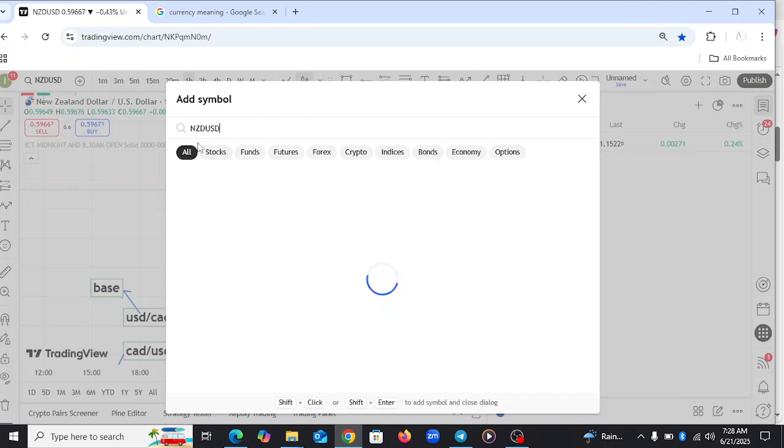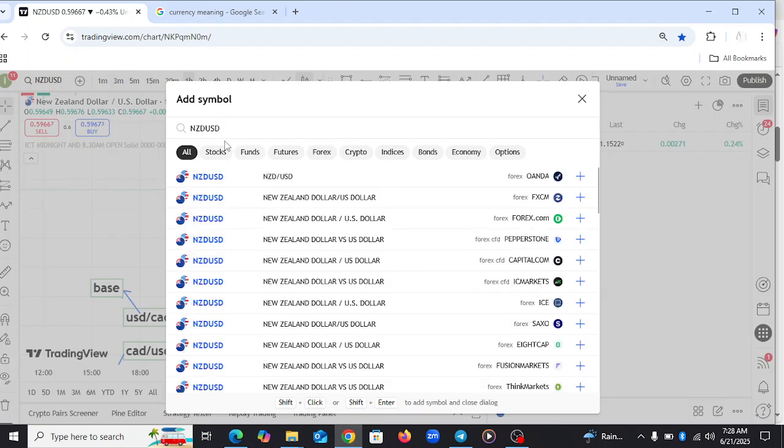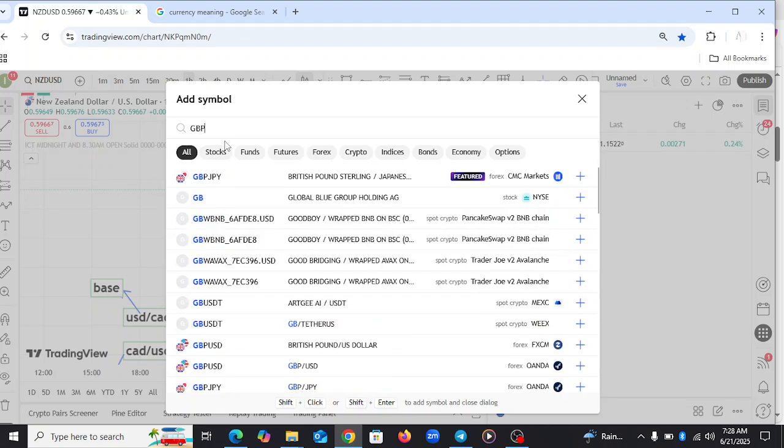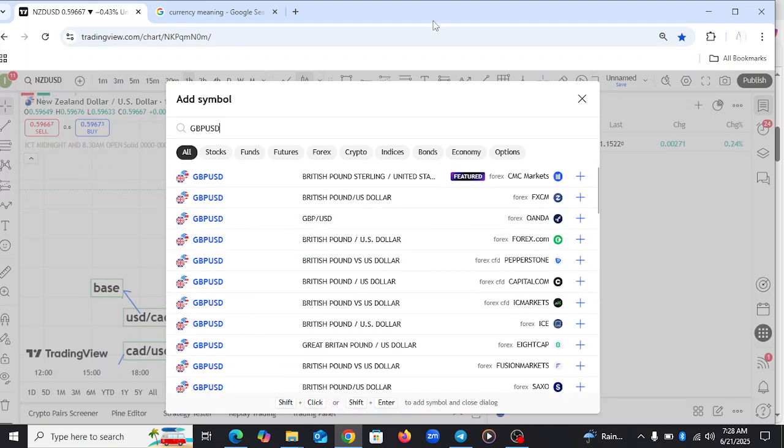As long as USD is in the pair, then you can safely call that a major pair. NZD USD, EUR USD, GBP USD, USD CAD, USD CHF, any currency that is paired with the dollar is called a major currency pair.